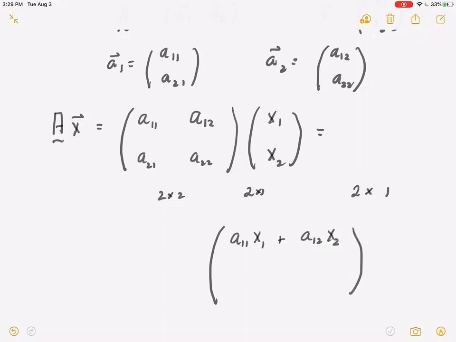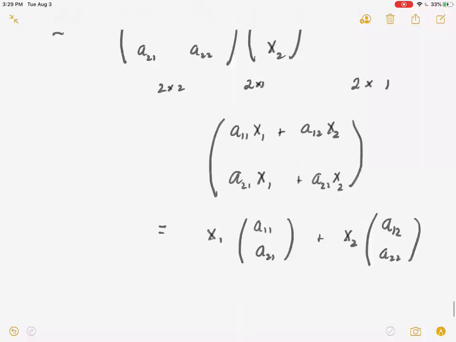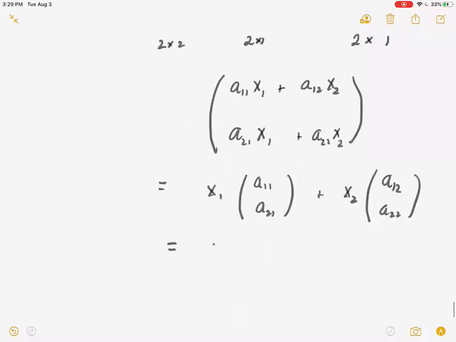That's the 1,1 matrix element. And the 2,1 matrix element is going to be A sub 2,1 X sub 1 plus A sub 2,2 times X sub 2. But that's just simply X sub 1 times this vector plus X sub 2 times this vector. And that is exactly what we wanted to show.